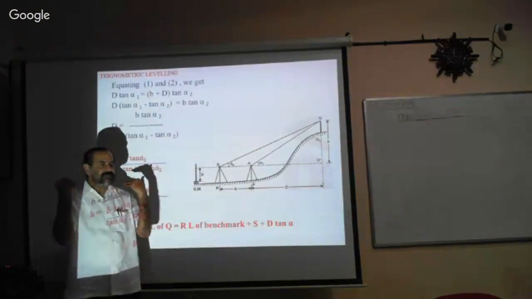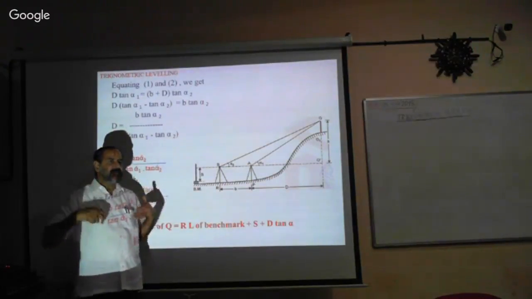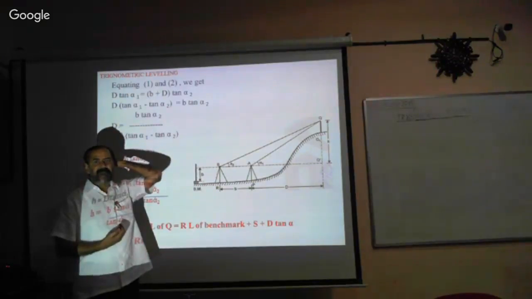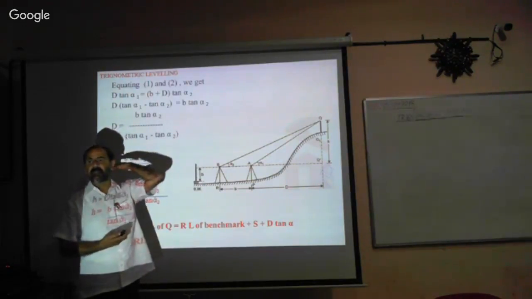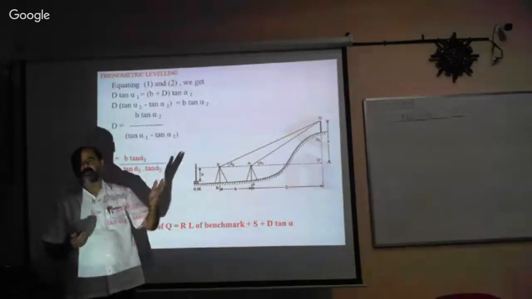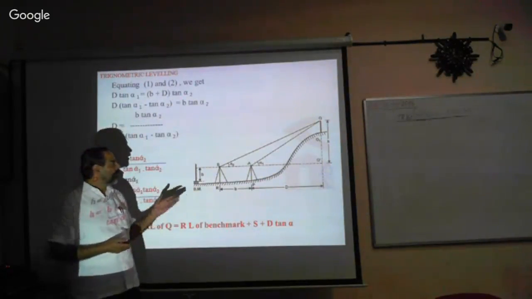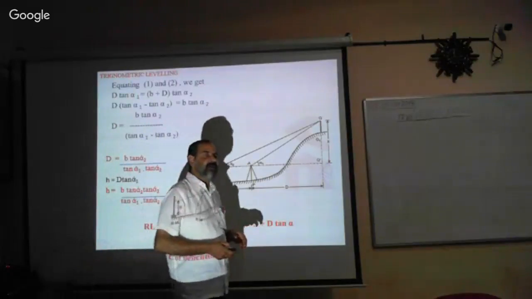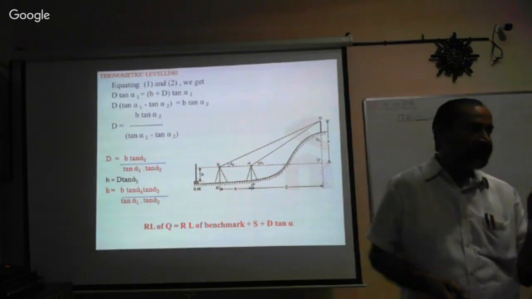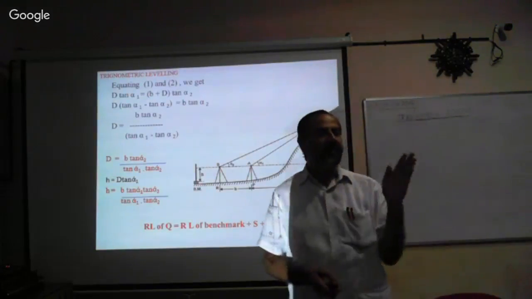Then install the instrument at the next station, perform all temporary adjustments, record the backsight on the benchmark, then measure the vertical angle, and then our problem is solved. With simple trigonometry, we can calculate the elevation of the given object. Understood?